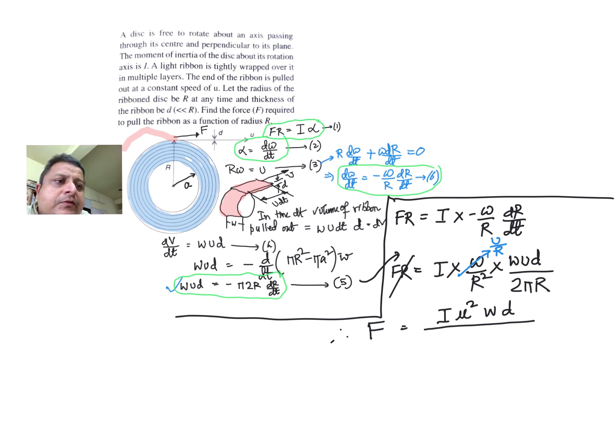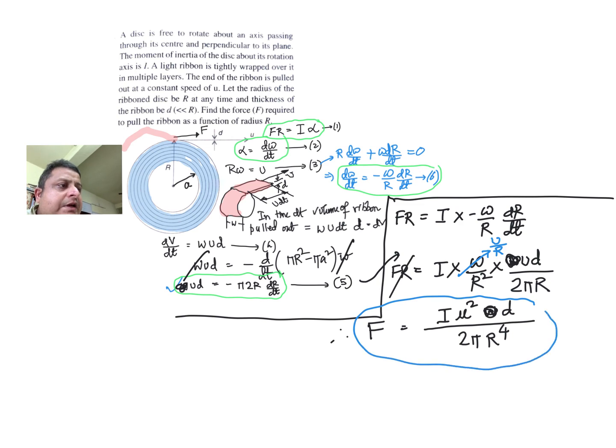Here this w will cancel out, since w is in equation 5 on both sides. So F is I u square d divided by 2 pi r to the power 4. Yes, that is the answer: force equals I u square d by 2 pi r to the power 4.